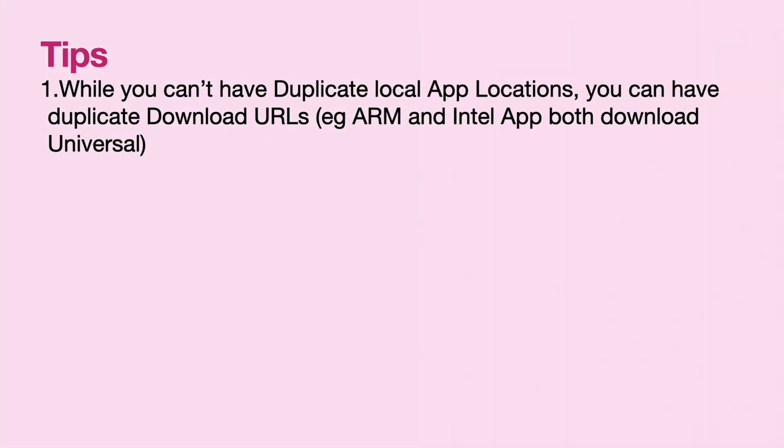There are some tips you might like to know. Now, you can't have duplicate local app location. So in other words, when you do your Zojo builds, if you go and accidentally drag a Windows version on top of the Mac icon, when you do your recalculate check, it's going to go, hey, I've got two actual physical built applications pointing to the same location.